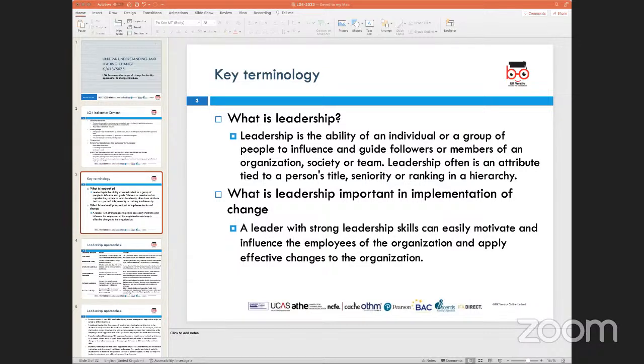And that common goal and vision is set by them. So a leader would have lots of traits, including guiding, directing, and motivating individuals or groups of individuals within the organization to go after and achieve that desired outcome.